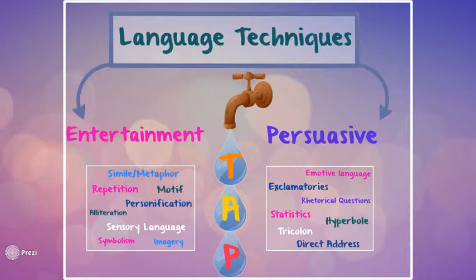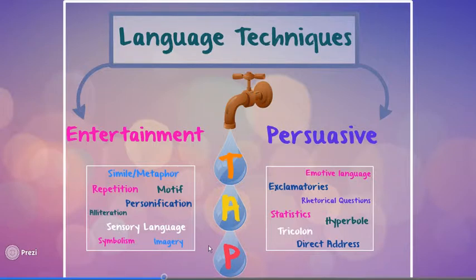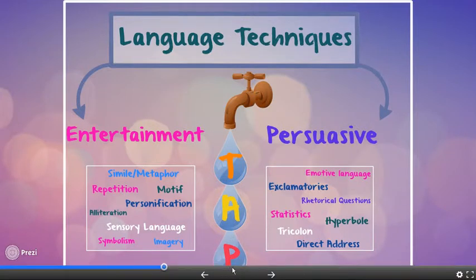What was the intention? So we can divide up, in this case, the language techniques by the purpose, and there are different language techniques for a couple of different purposes. I've broken it down into entertainment as a purpose, and then also persuasion as another purpose.